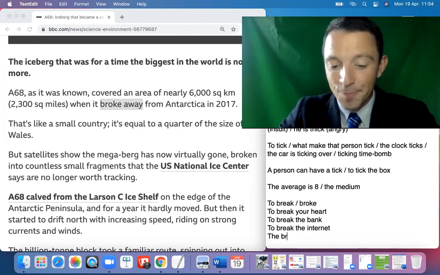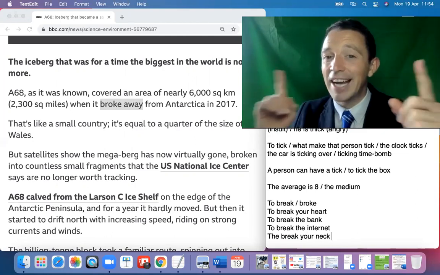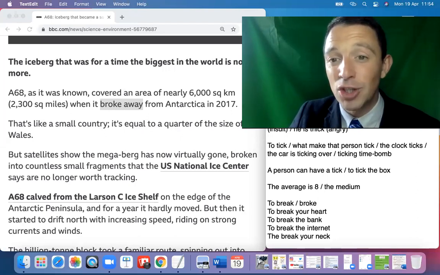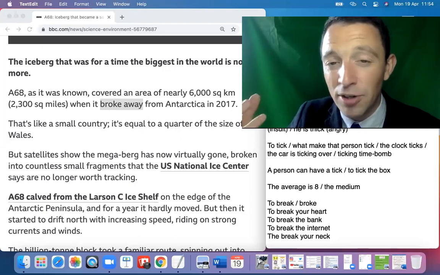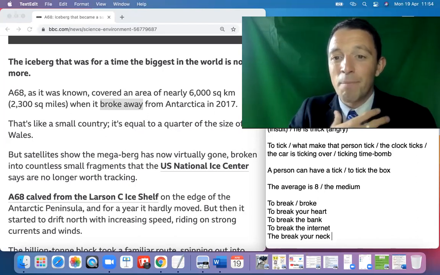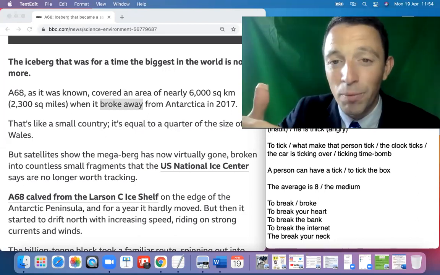To break your neck is obviously physical, number one, but there is a second significance. So to break your neck could be physical, but the second significance is you do everything to help the other person. So it's very typical in family. This person breaks their neck to arrive home on time.